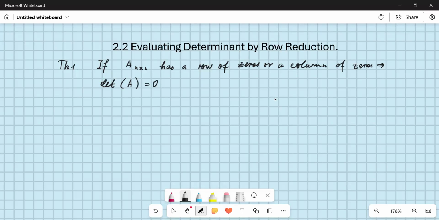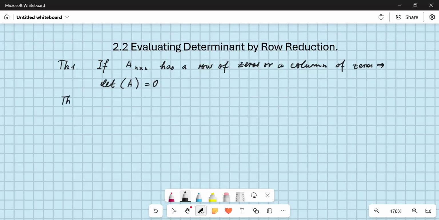I'm not going to prove this theorem, but just imagine that you have a row of zeros. You can always use this row of zeros to expand the determinant, and then you are going to have all zeros in that sum. All right, so kind of clear.